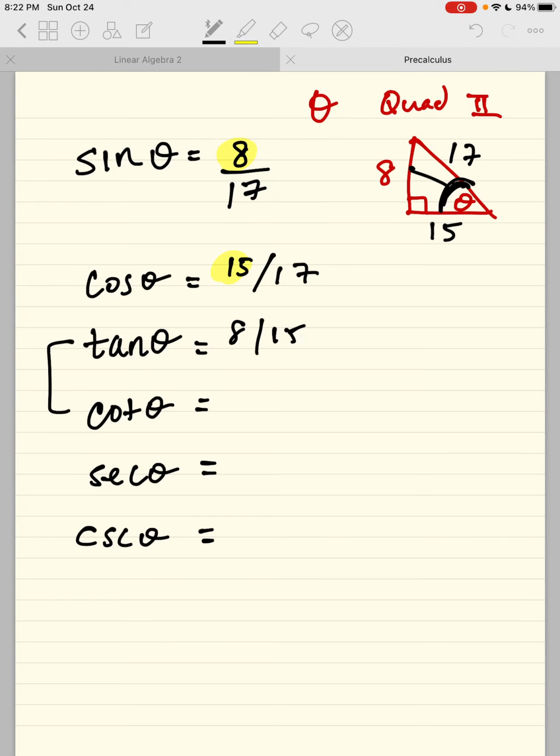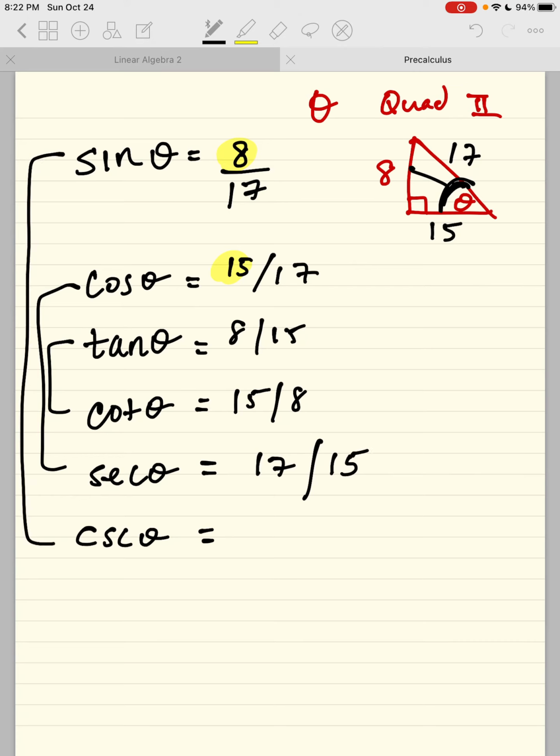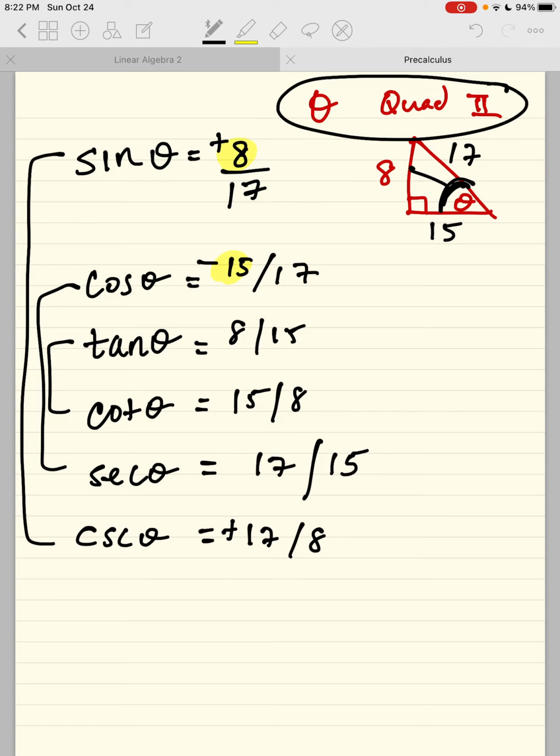Now I'm going to flip this. Now I'm going to flip this. Now I'm going to flip this. Because I'm in quadrant 2, only sine and its reciprocal are positive. Everybody else is negative. So I hope that makes sense.